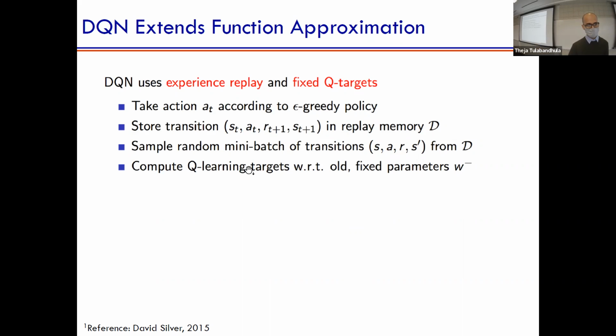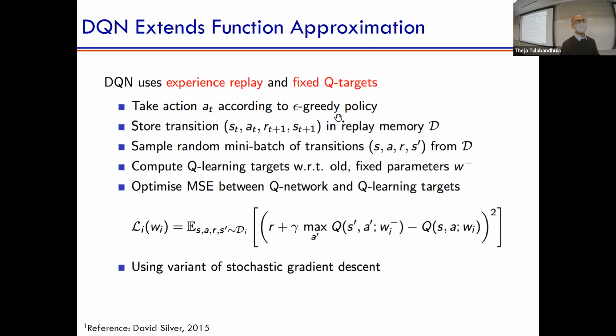The target for that regression, some sort of square loss objective that we want, we're going to compute using some parameters w, which we call w minus. That's related to the idea of fixed Q targets. Let me show you what I mean. So you sample a mini batch. Now let's say you have w minus as some parameters.